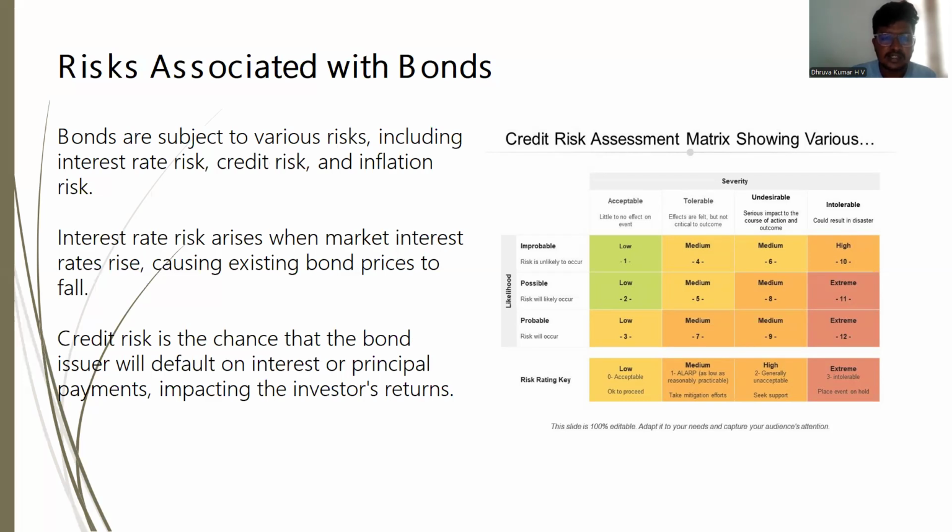Interest rate risk arises when rising market interest rates cause the existing bond's price to fall. Credit risk is the chance that the bond issuer will default on interest or principal payments, impacting the investor's returns.